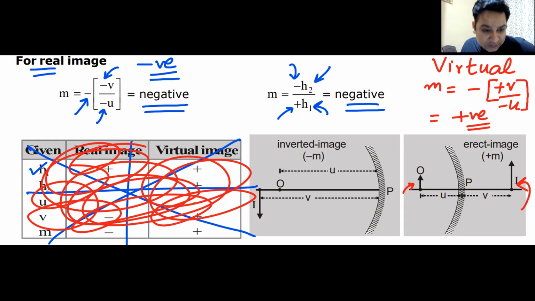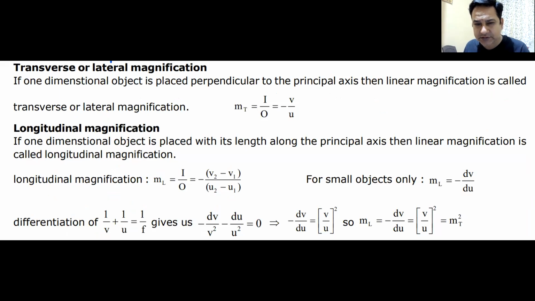Okay, so don't get confused. You might hear a lot of terms. Don't get confused. Just stay confident. So whatever magnification we had seen, where this was the principal axis and the object was placed like this. Do we understand this? Yes, sir.